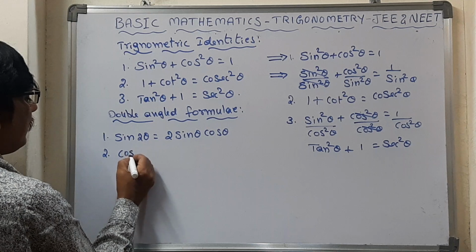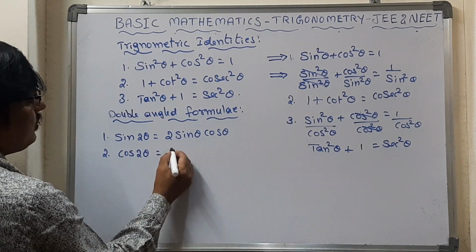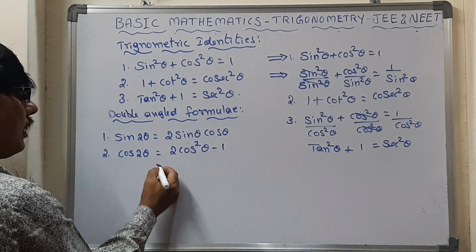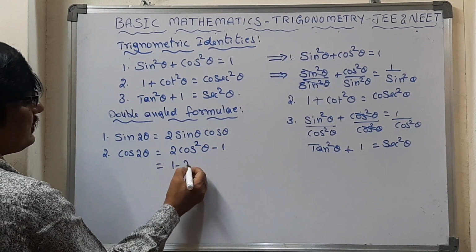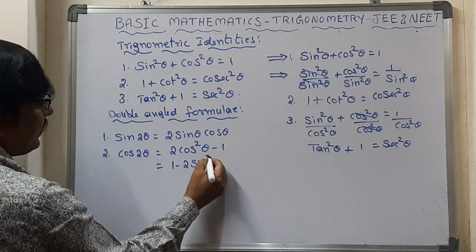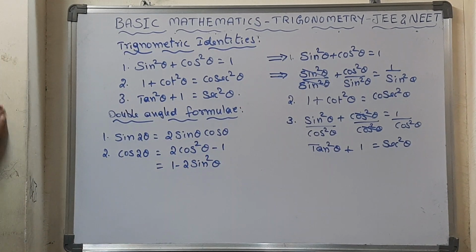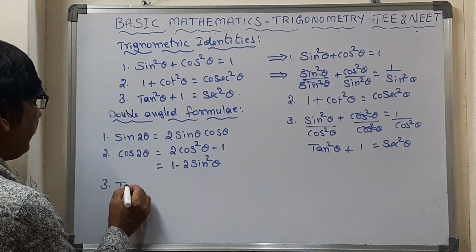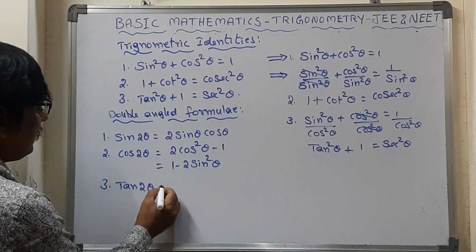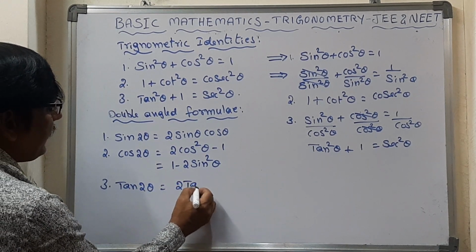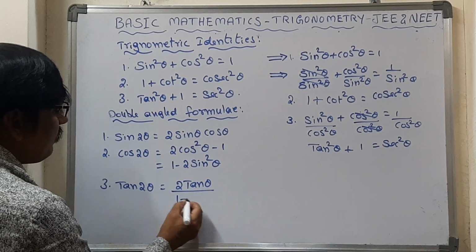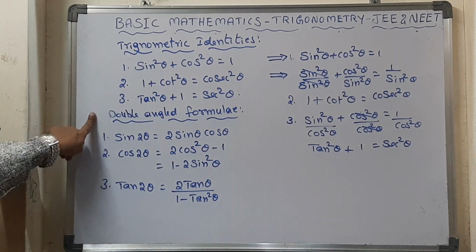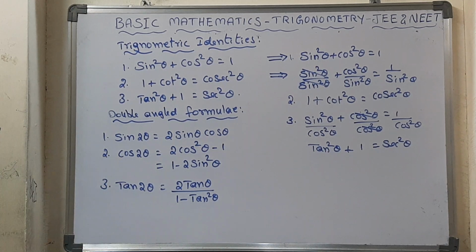And cos 2 theta is equal to 2 cos square theta minus 1. Also we can say 1 minus 2 sin square theta. These two are the most important formulas. The third one is tan 2 theta is equal to 2 tan theta by 1 minus tan square theta. So these are the three double angle formulae you have to keep in mind.